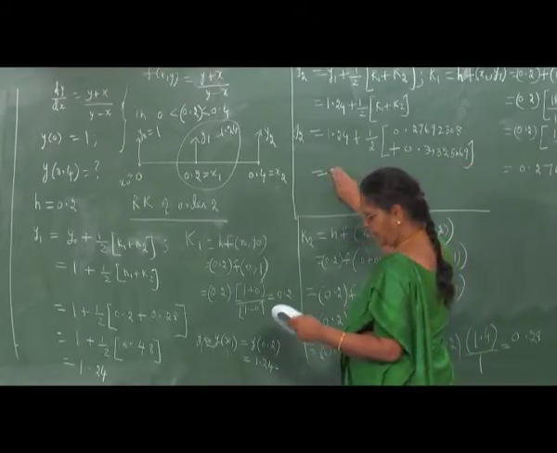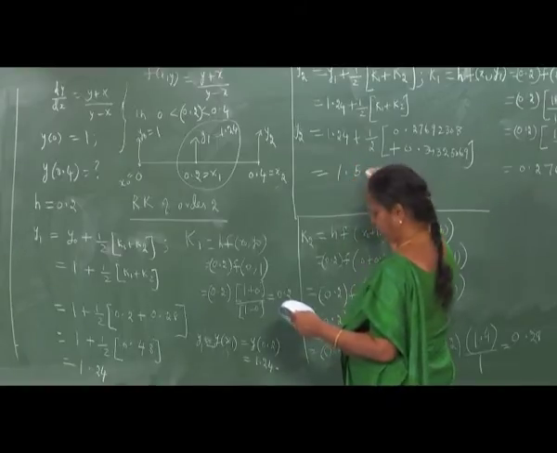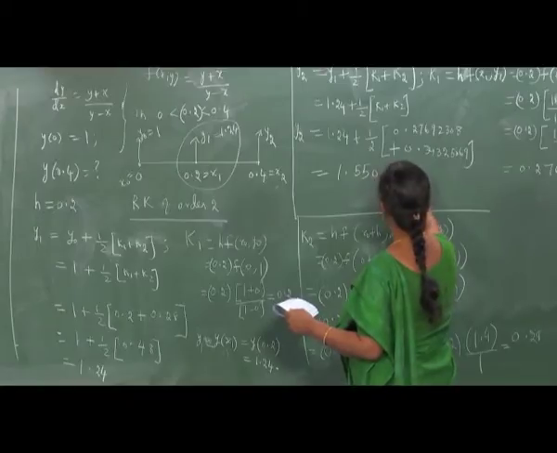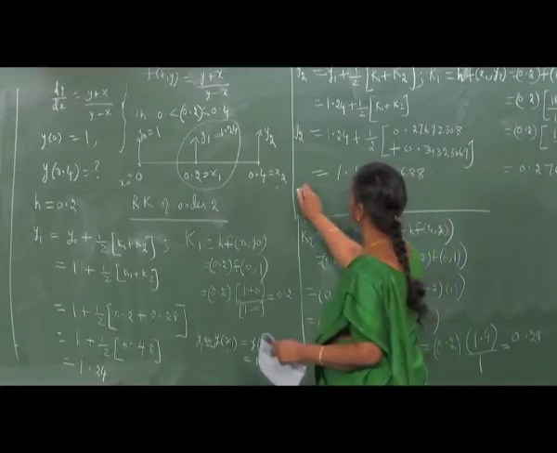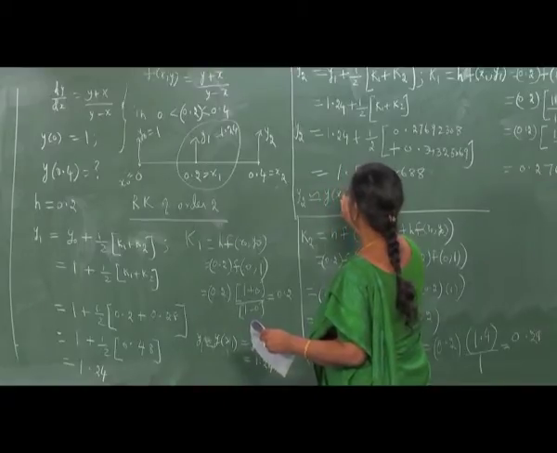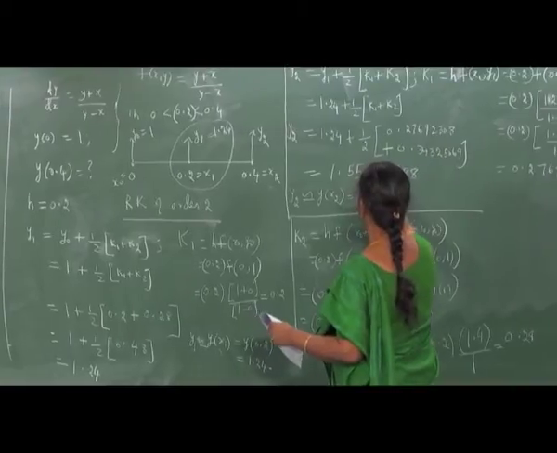And if you simplify, you end up with the value of y2 as 1.55008688. So, this y2 approximates the value of y at x2, namely y at 0.4.